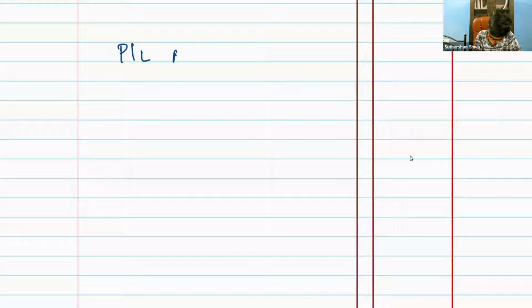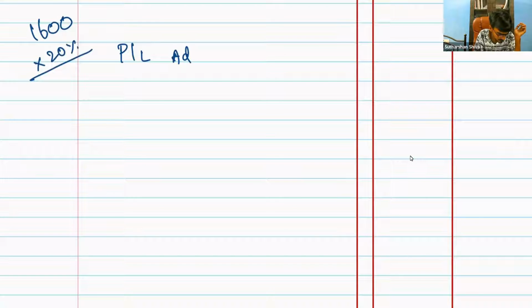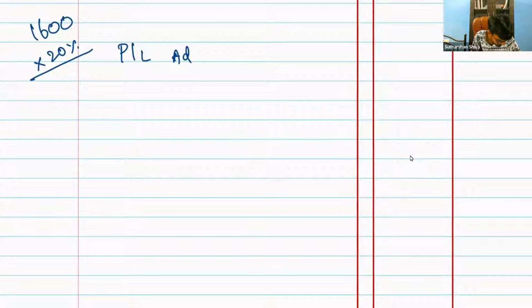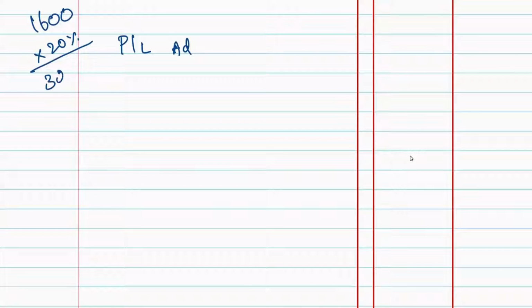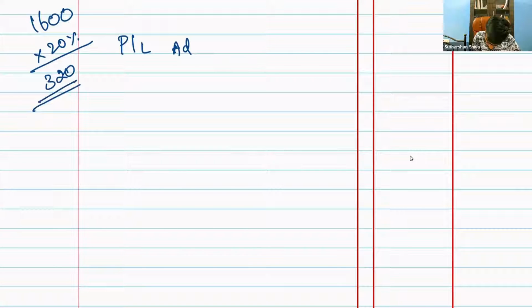First entry will be for 1600 we need to do. On the 20%, how much is 20%? 1600 into 20% is 320, right? 320 is the GP margin.